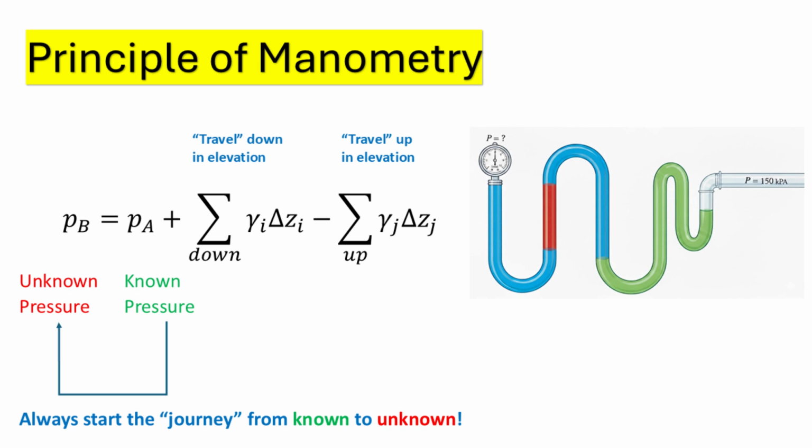At the interface, if we have traveled downward in elevation, we will add some pressure, calculated using specific weight, gamma, multiplied by the elevation change, delta z. If we have traveled upward in elevation, we will then subtract some pressure equivalent to the products of the specific weight of the fluid we traveled in and the elevation change. We will do these additions and subtractions until we eventually arrive at the location where the unknown pressure is demanded.